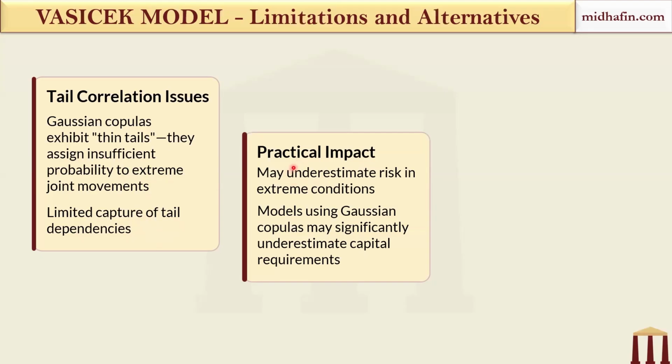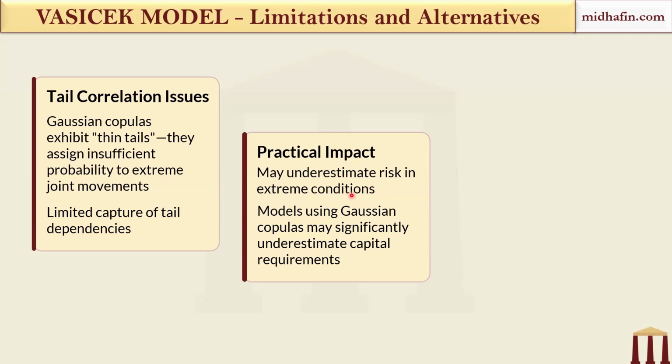So the Gaussian copula's inability to capture this phenomenon can lead to underestimation of risk in these extreme conditions. And of course, if you see carefully, this is the time when it matters the most for capital adequacy. The risks should be estimated as precisely as possible in these times.